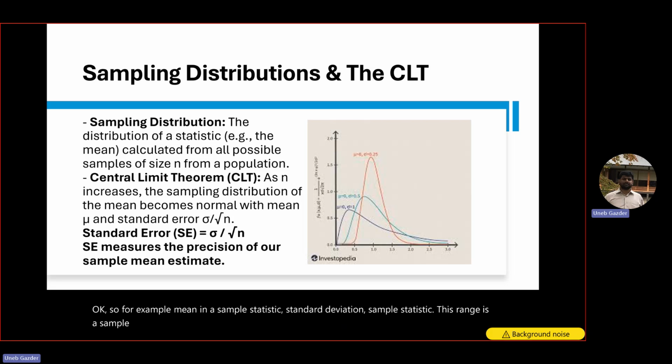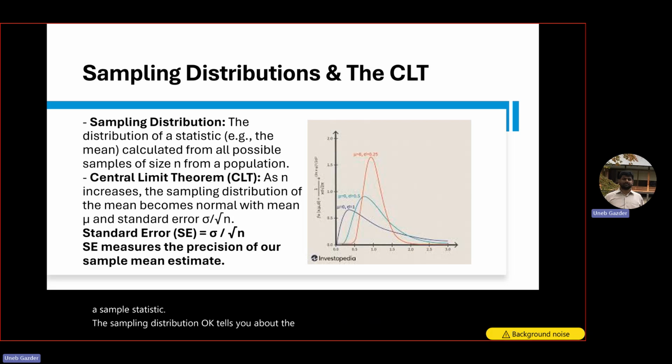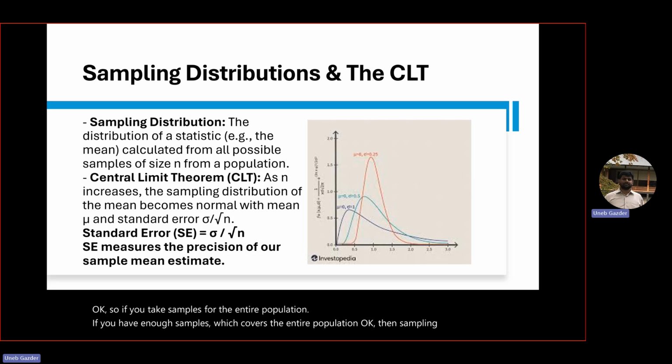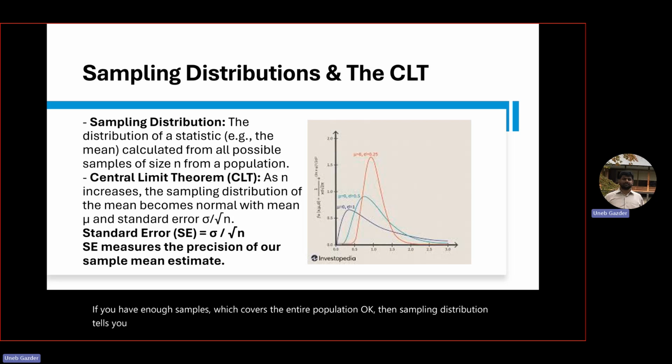Okay, so the sampling distribution tells you about the distribution of a particular statistic calculated from all possible samples of the population. If you have enough samples which cover the entire population, then the sampling distribution tells you what will be the distribution of that statistic in the population.